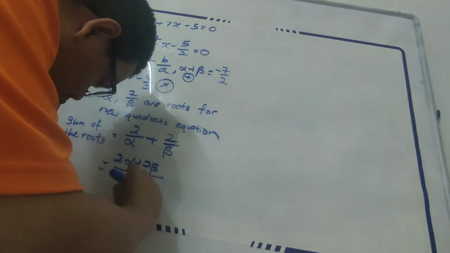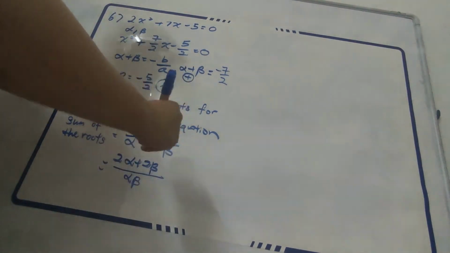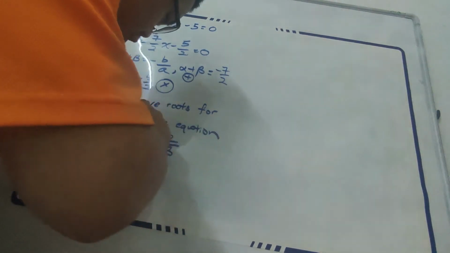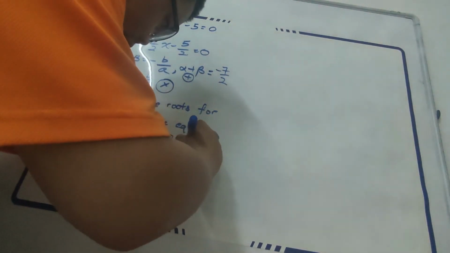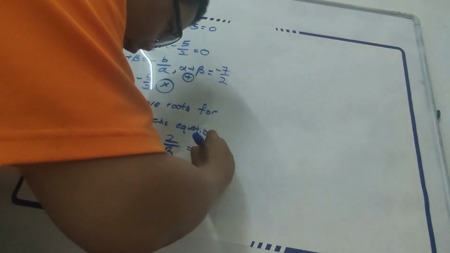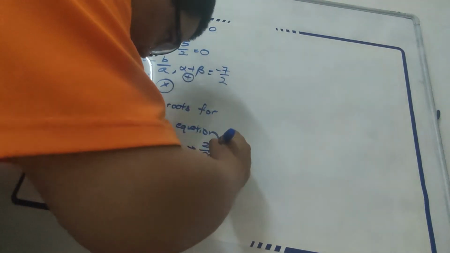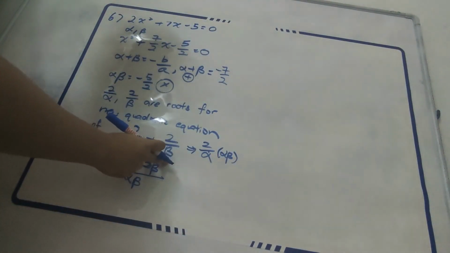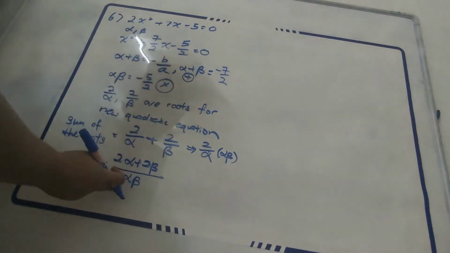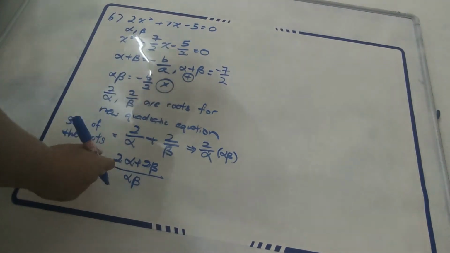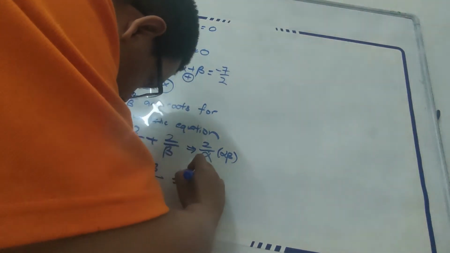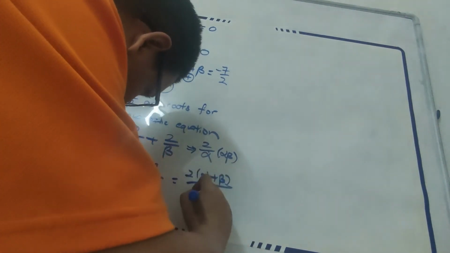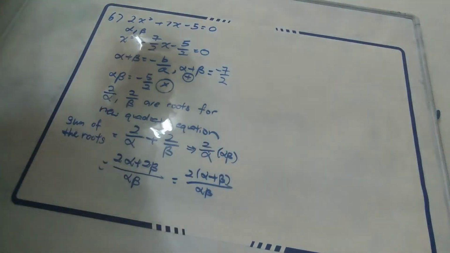Because when you multiply, each of these variables, I do it for you. One example, 2 becomes 2 alpha beta. Then you do the 2 over beta also times alpha beta. So you will get this part. And then it also equals 2 times alpha plus beta, divided by alpha beta.